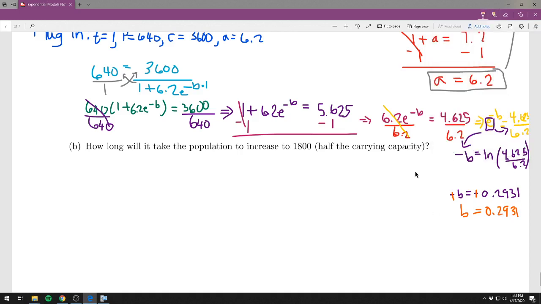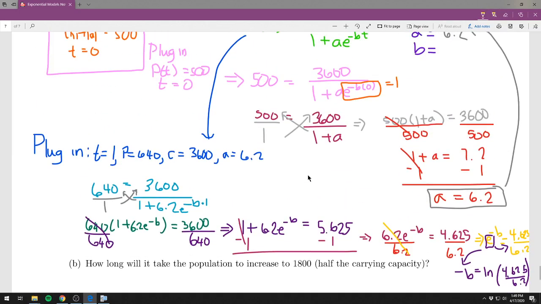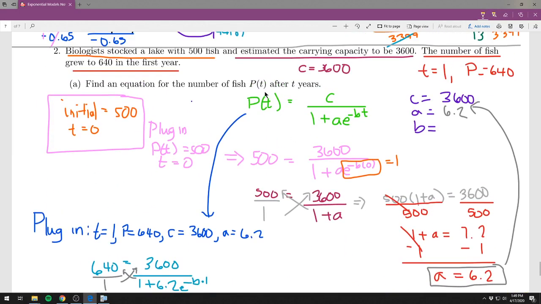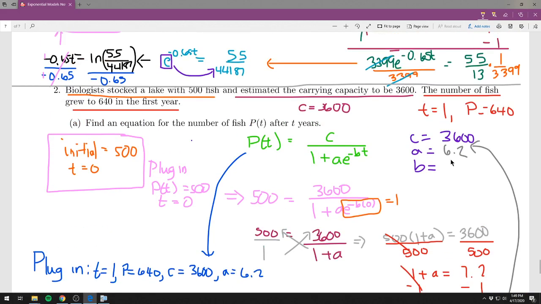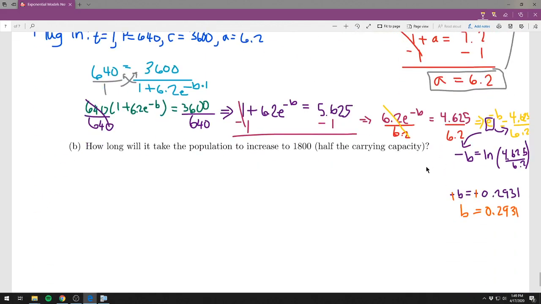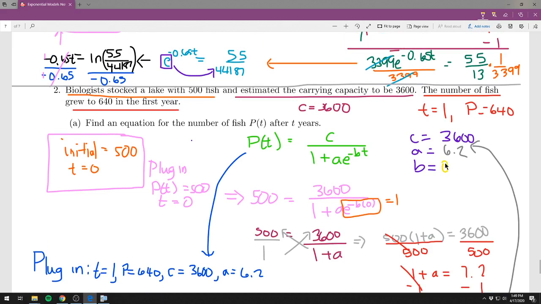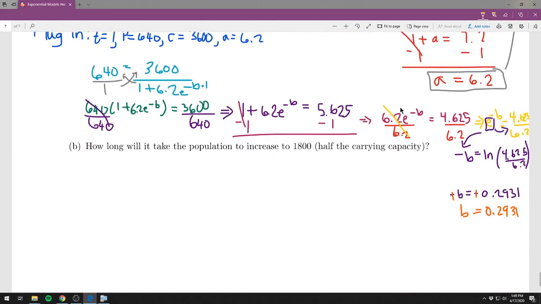Right, but finally we've got A, B, and C. And I'm just gonna plug in our A, B, and C that we found below here, and I'll box that in as our answer. Our B was 0.2931. Okay, so we've got this C, we've got this A, we got this B. When we plug them in here, we will have our final answer.